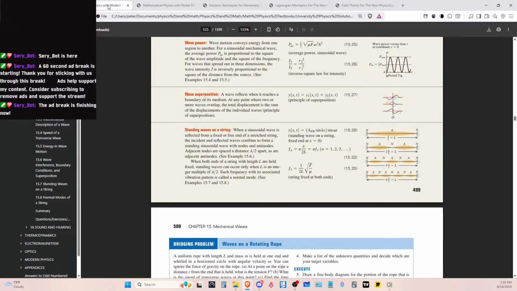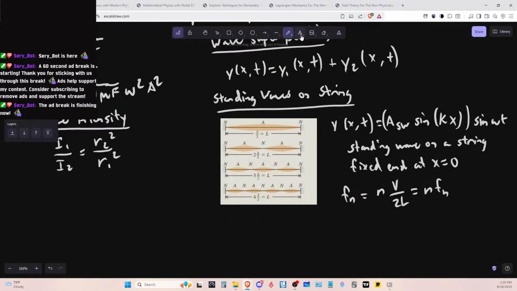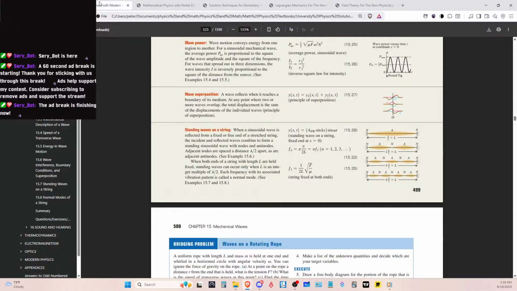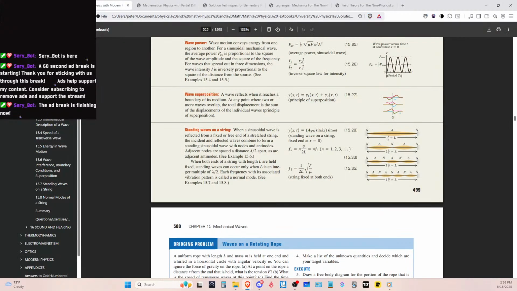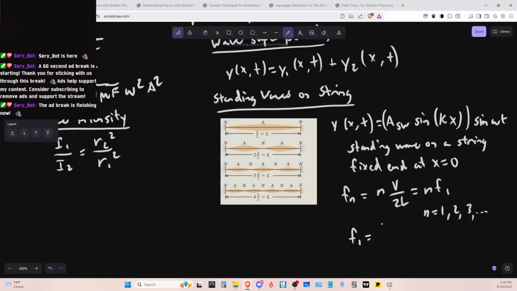Let's see. n can be 1, 2. I'm guessing this is how it's supposed to look for just the one frequency.